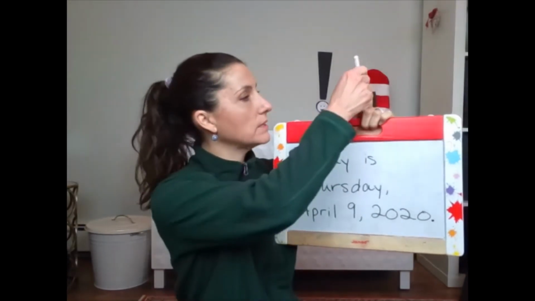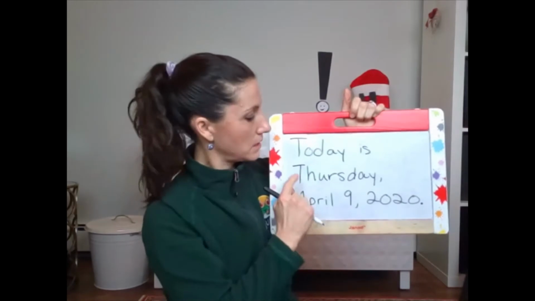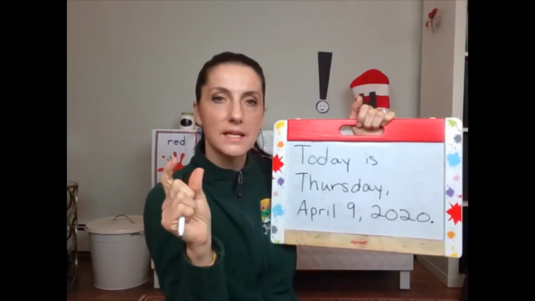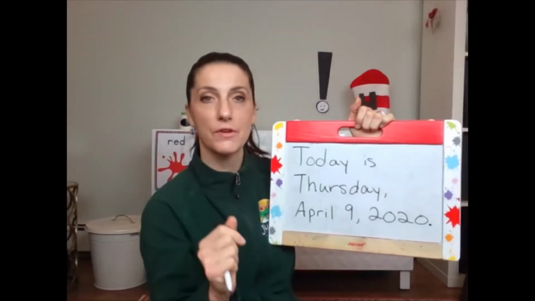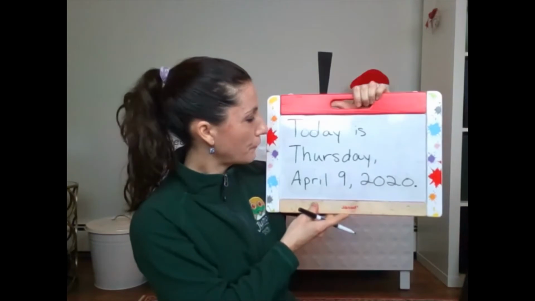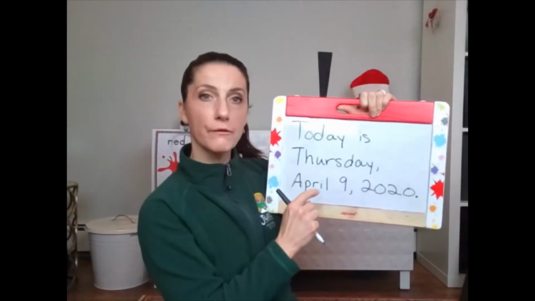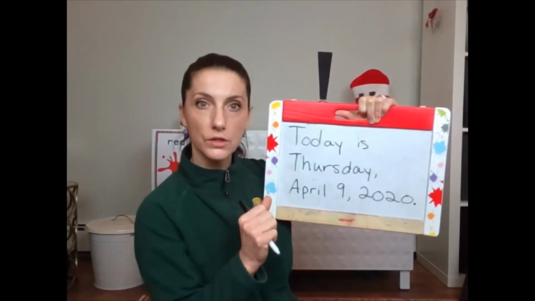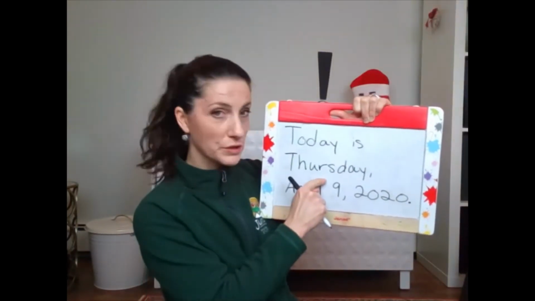All right, so how do we change the long form into the short form if we just want to write the date in number form on the top of our paper, like let's say for our notes or in a letter? First of all, when we write the long form in a sentence like this, we write the day of the week first, which would be Thursday.